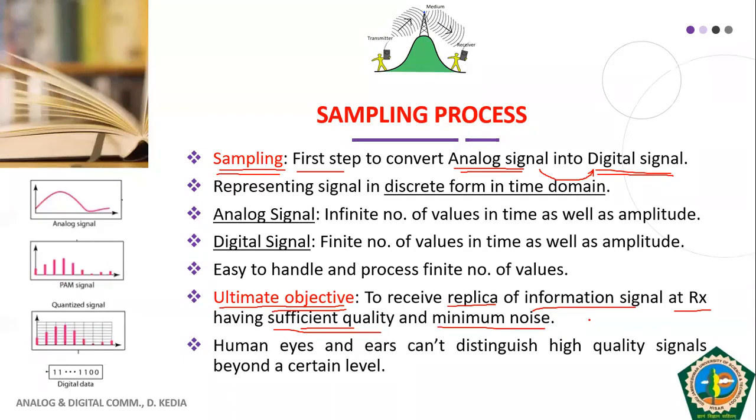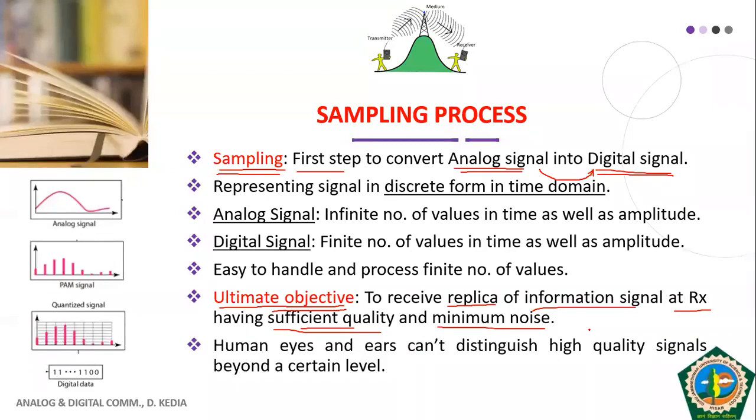Okay, apart from that, we need to notice one more thing. We are saying that the quality of the signal received should be sufficiently high quality. I'm not saying here that the quality of the signal should be absolutely 100% good quality. See, our human eyes and human ears are the natural receivers which God has provided us. And our eyes and our ears cannot distinguish the quality of the signal beyond a certain quality level.